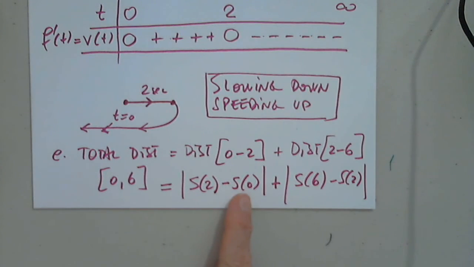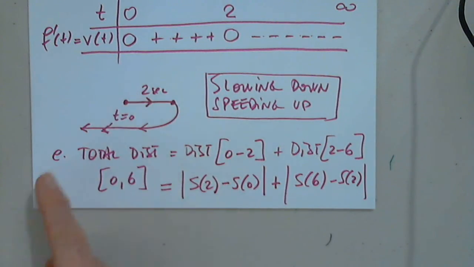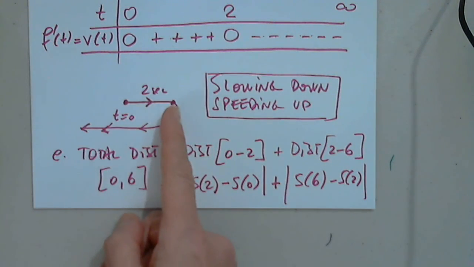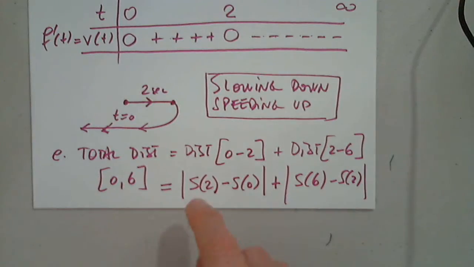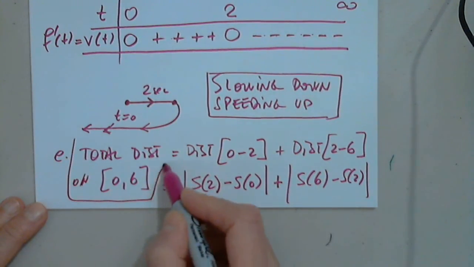So s of 2 seconds minus s of 0, and s of 6 seconds minus s of 2 seconds. Now we have to determine these values, put them in, and that will be the total distance on 0 to 6.